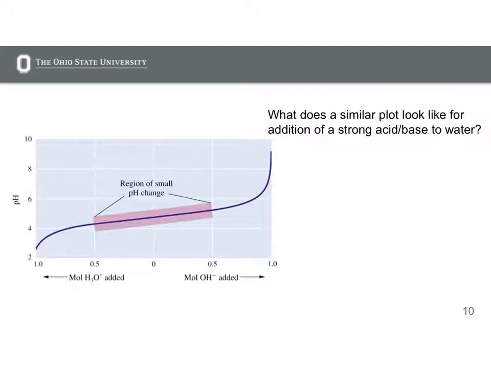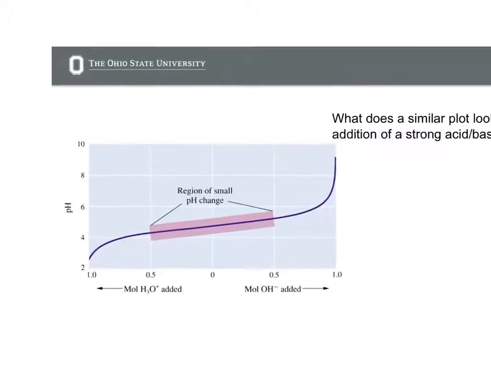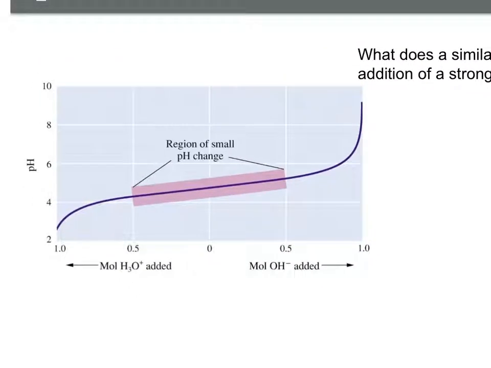So what this plot is showing is how the pH changes with addition of base or with addition of acid. The middle line here represents no addition of acid or base. When we add some base, we see the pH increase slowly until all of a sudden it's skyrocketing.